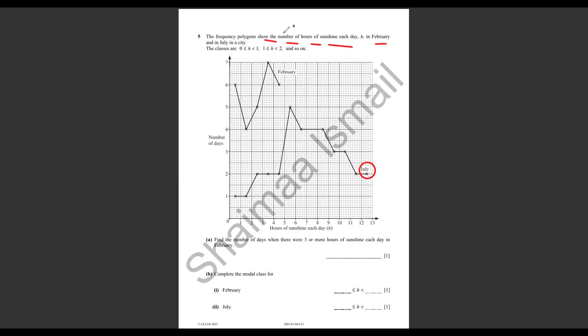The numbers of hours will be H, and this is the number of days. Find the number of days where there are 3 or more hours. Remember, focus on the words 'or more'.